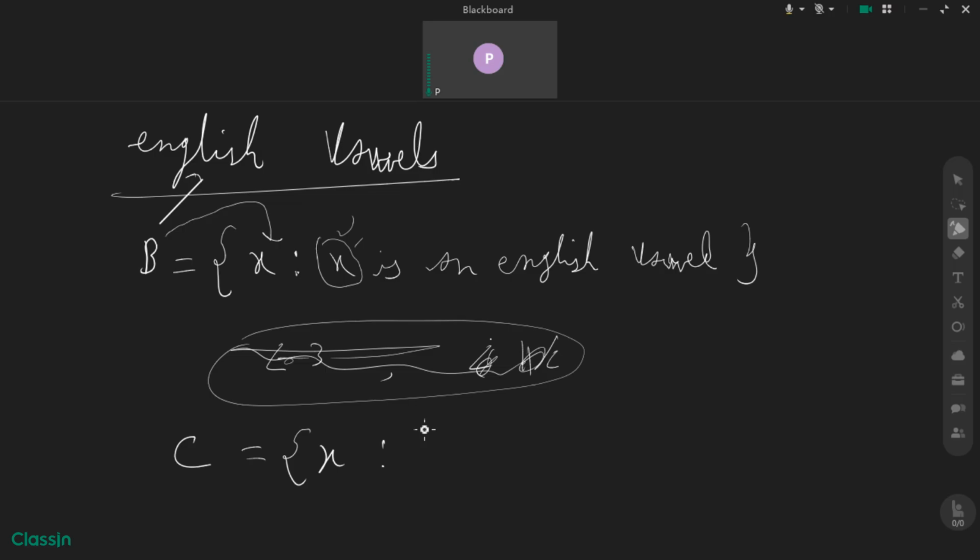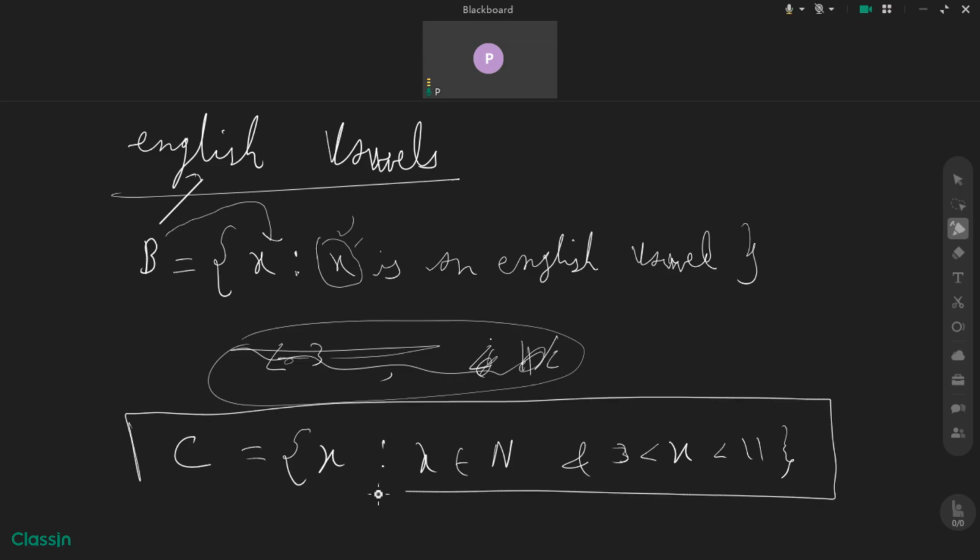So the set of all x such that x belongs to natural numbers, x comes from natural numbers, and x is greater than 3 and less than 11. When I expand this set, I will get the elements 4, 5, 6, 7, 8, 9, 10. This representation is known as set builder form.